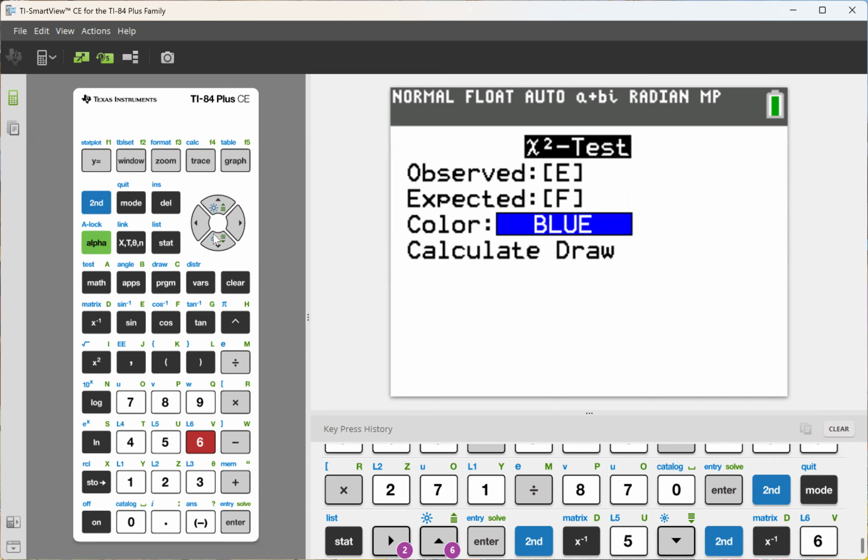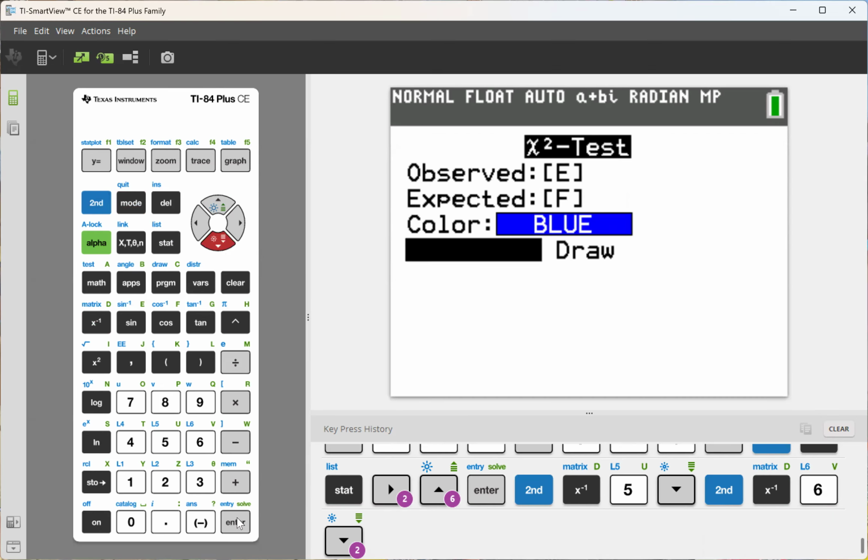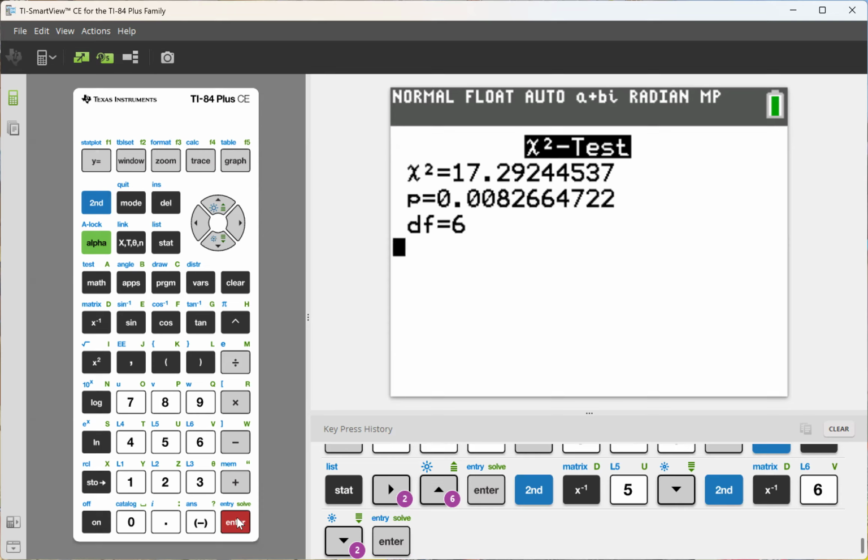And then we're going to calculate. So the chi-squared statistic that we get is 17.292, and the p-value is 0.0083.